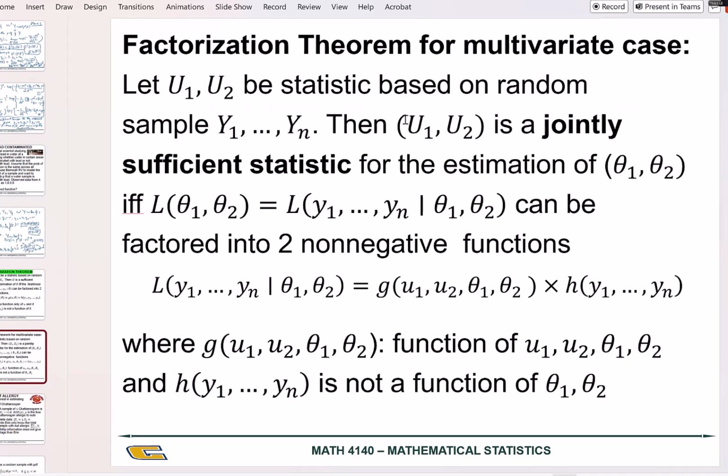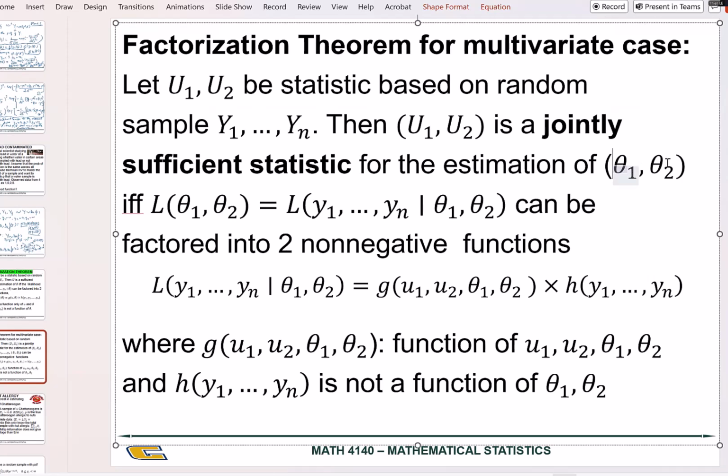So in this case, say the estimator estimates two things, both theta 1 and theta 2. For example, if you look at the normal distribution, theta 1 can be mu and theta 2 can be sigma square. So you have a jointly sufficient statistic for theta 1, theta 2, if you can factorize in this fashion.